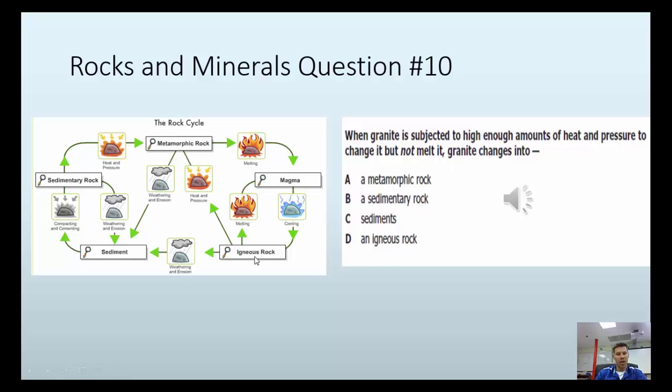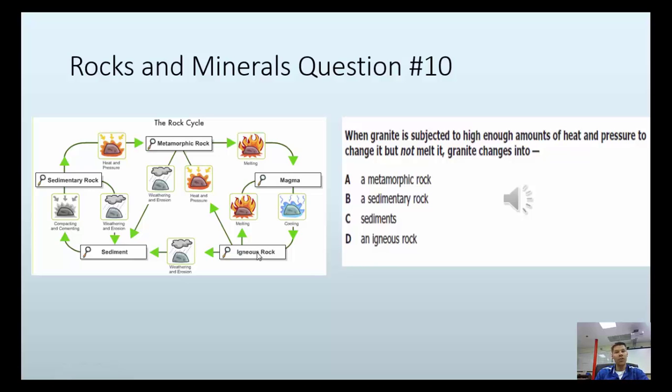And if you look at your more complicated version of the rock cycle here, we have melting, which turns into magma, which the cooling of magma makes an igneous rock. And then an igneous rock can get weathered and eroded away and turned into sediments and eventually made into a sedimentary rock. Or an igneous rock can get squeezed as two mountains collide.